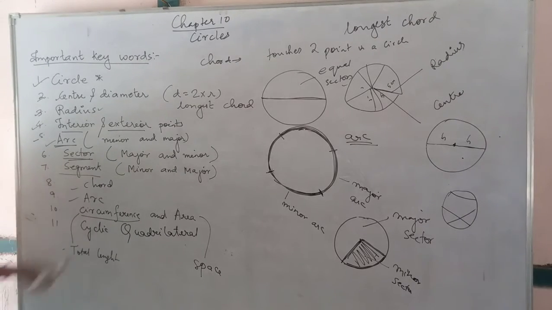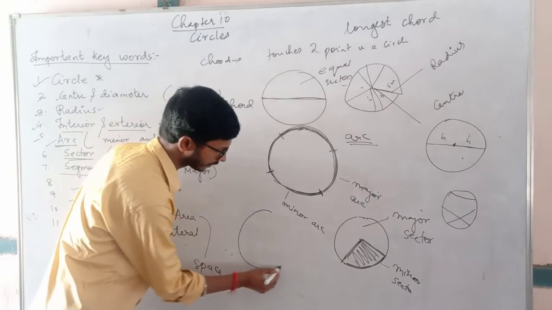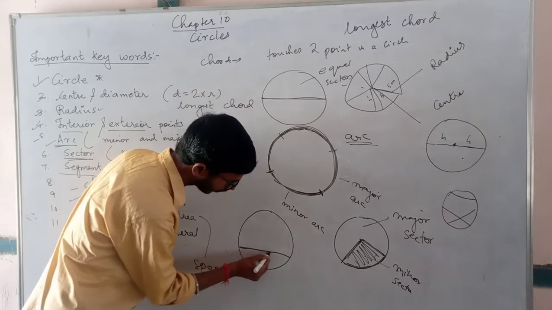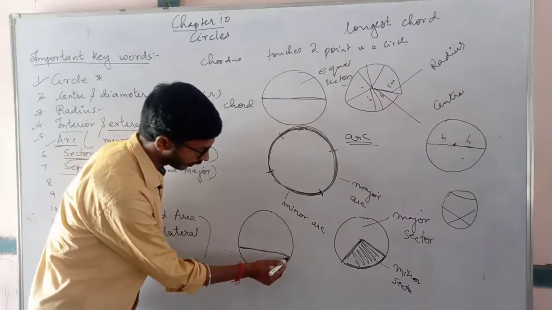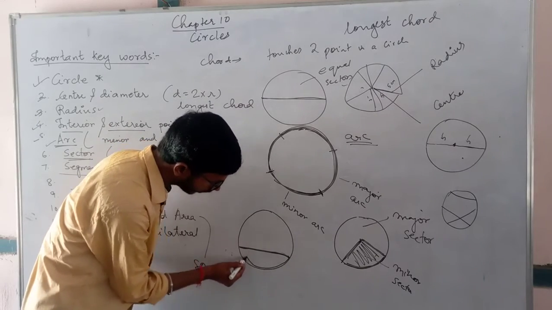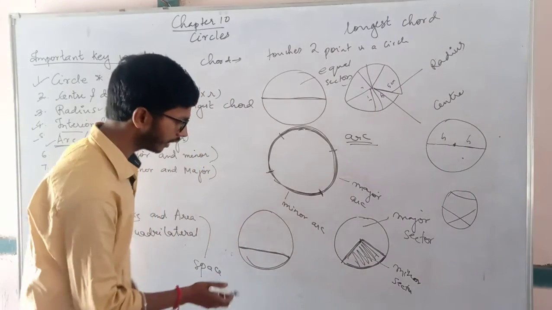Next comes the segment. Suppose this is a circle and suppose we have one chord, okay? Now you can see here the area between this chord and the arc. Don't be confused between the sector and segment. Got it clear?